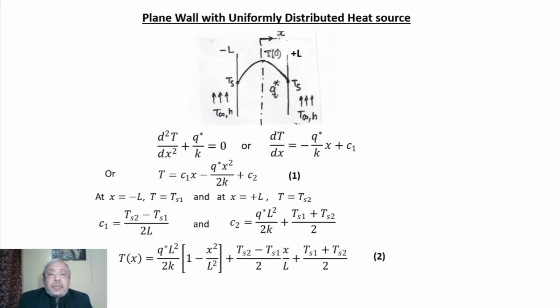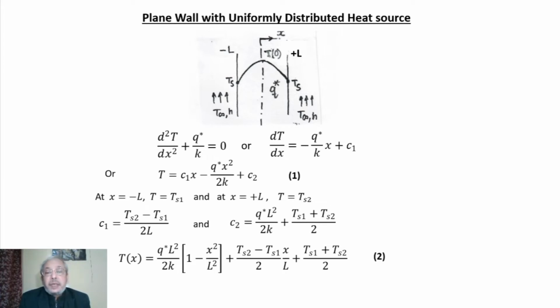Now, the governing equation for the heat conduction problem is d2T/dx2 plus d2T/dy2 plus q star by k equal to 0. Since we have dispensed with the y direction variation and z direction variation, the governing equation is d2T/dx2 plus q star by k equal to 0.